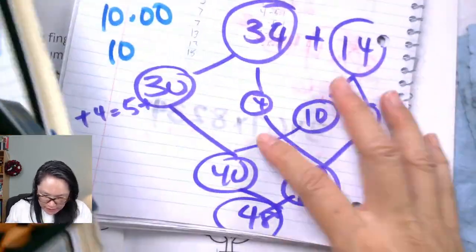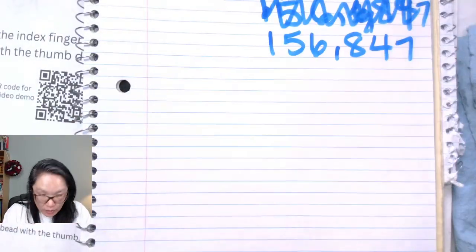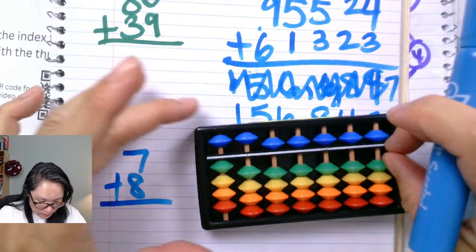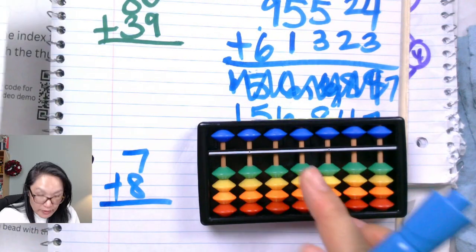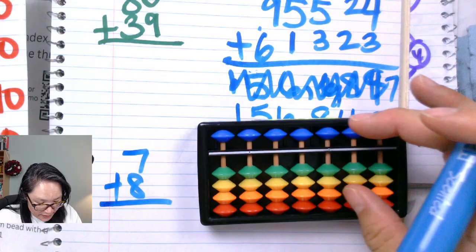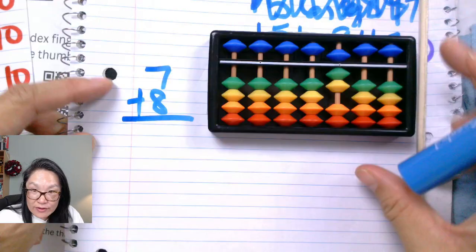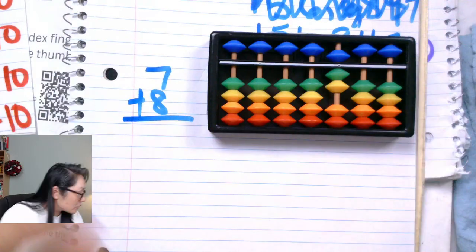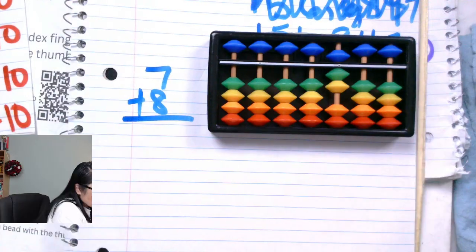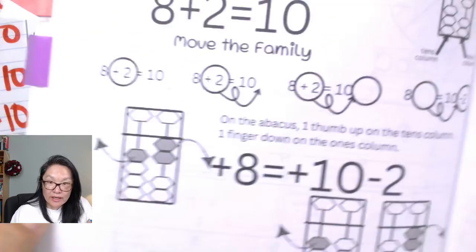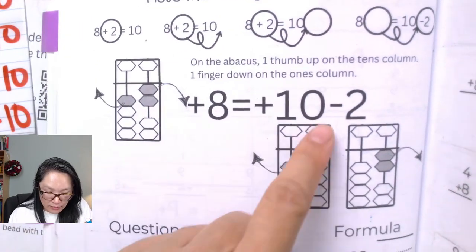So the first thing to understand with 7 plus 8 is now we start going into what we call two-digit equations. When we have the 7, 5, 6, 7, the question is 7 plus 8. When we add the 8, we need to plus the 10 minus the 2.